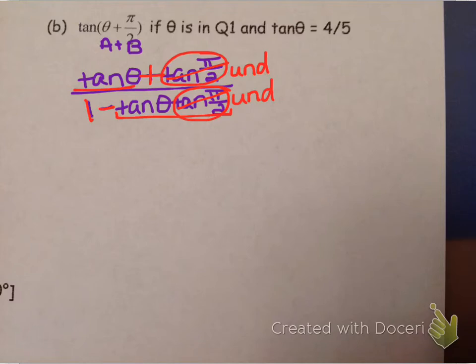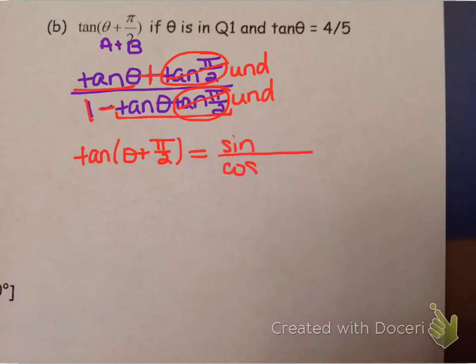So what we would do instead is take that tangent of a plus b, and use the most essential definition of tangent, that tangent is sine over cosine.